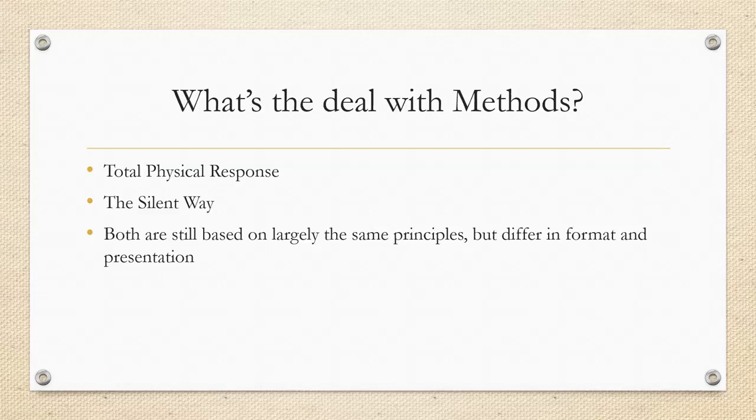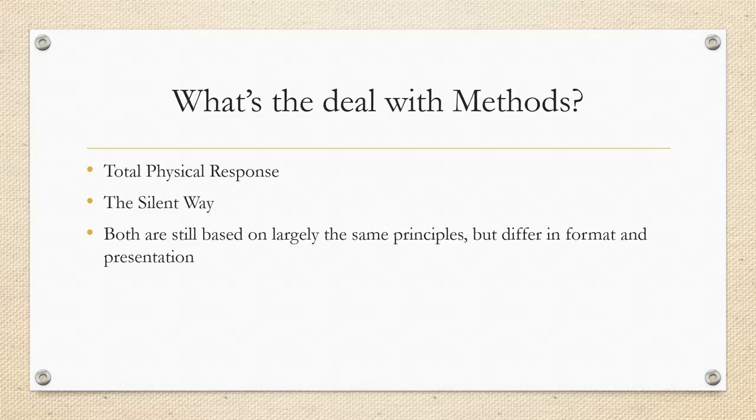But really, a lot of the content of the class might be the same because a lot of courses still follow a lot of the same principles about how students learn something. So they might start with the easiest or most frequent vocabulary and work their way to more complex ideas. That could be the same across both courses, even though they seem on the face to differ quite a bit.